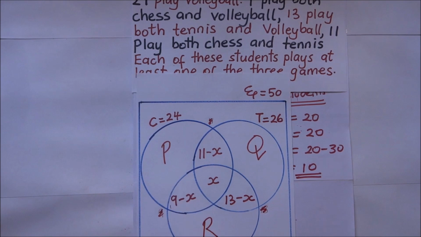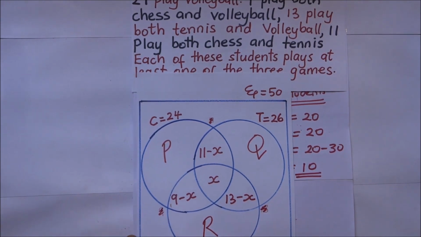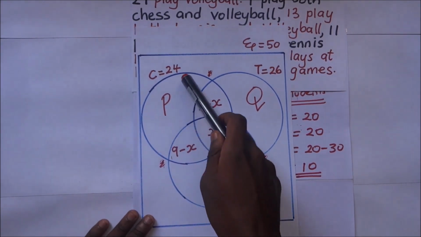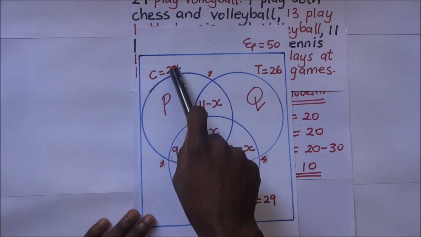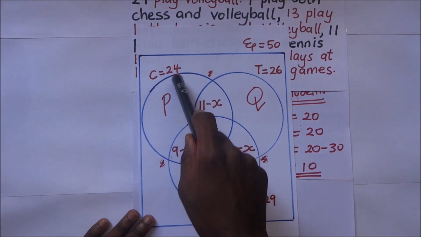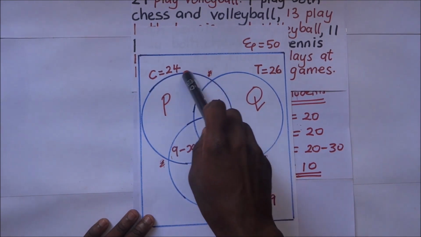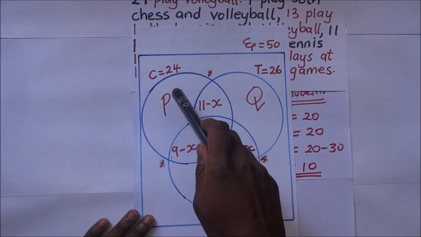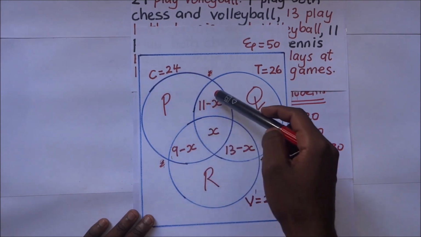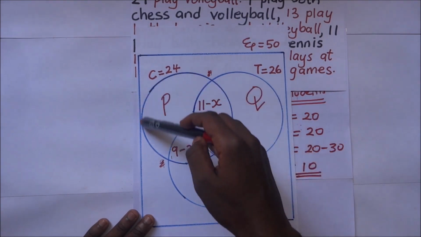So the value of P here is going to be, we get this circle, it is 24. The number of people who play chess is 24. So to get the people who play chess only, it is going to be 24 minus these, because this is the whole circle.